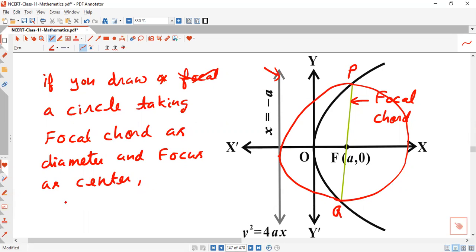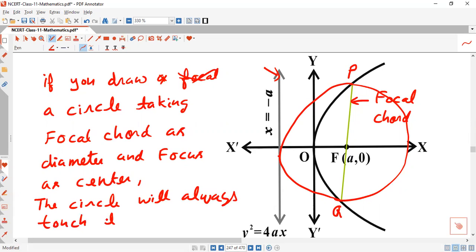The circle will always touch the directrix. This is the directrix, and this circle is always touching it.